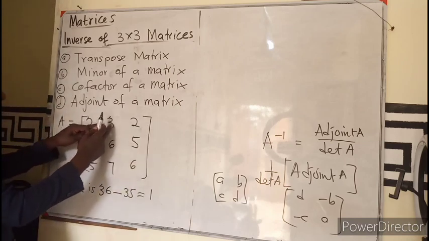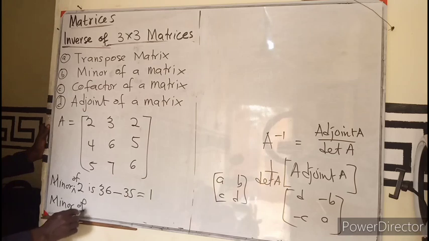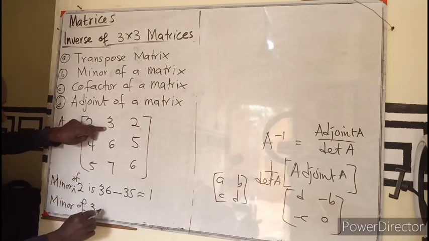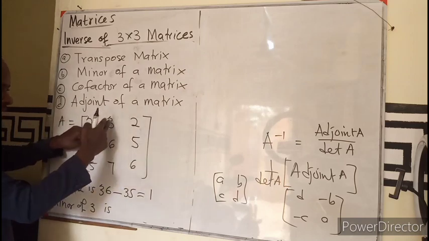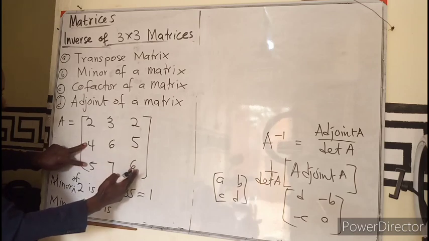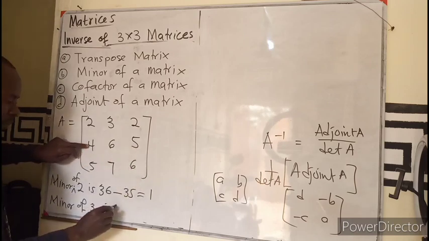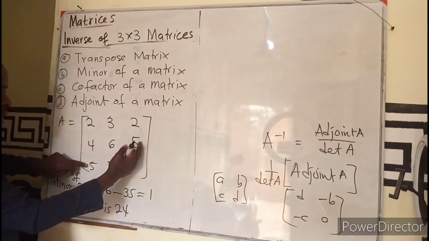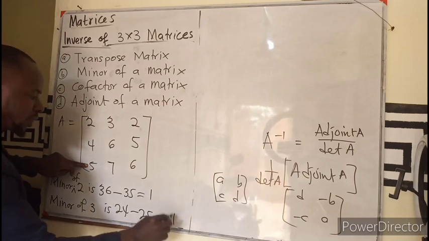So as I've taken this, let me go for 3. The minor of 3 is going to be covering all the row of 3, covering all the column of 3. I'll be left with this and this. So what do I do? The product of the leading diagonal, 24, other diagonal, 25, and that will give you minus 1.